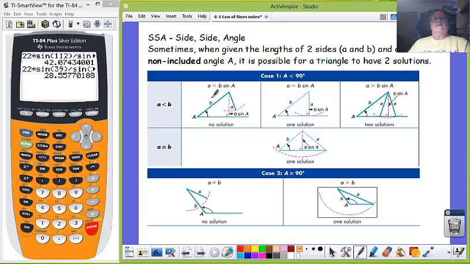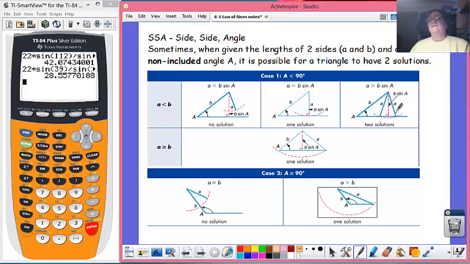If A is smaller than B times the sine of A, then there is no triangle possible. If, however, A is equal to B times the sine of A, then there is one solution possible. If A is greater than B times the sine of A, then it's possible that two triangles could be produced. And I love this graphic because it shows it exactly.